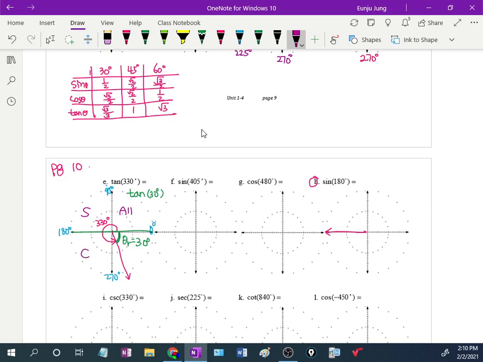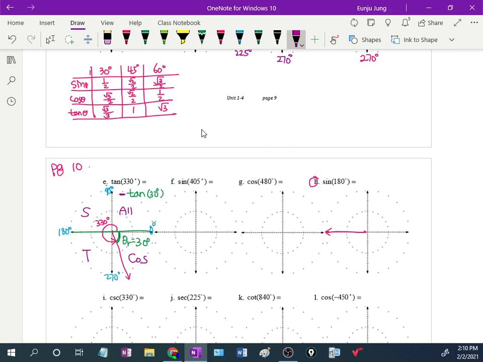All students take calculus, right? Tangent and cotangent will be positive in that quadrant. So in the fourth quadrant, what is positive? Cosine is only positive. So how about tangent? Tangent will be negative, okay?